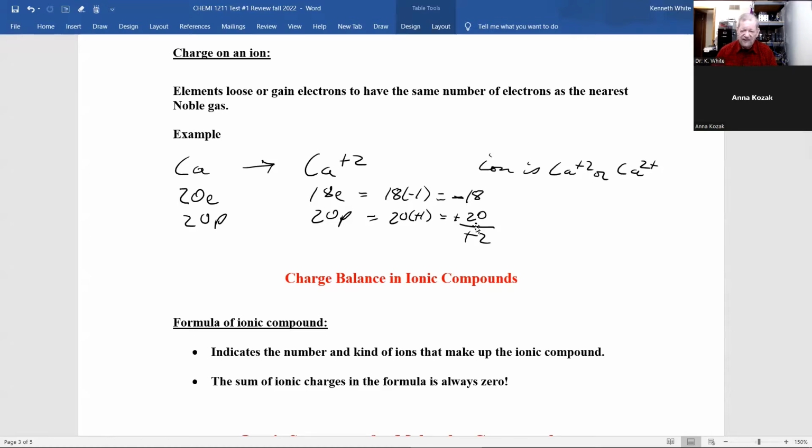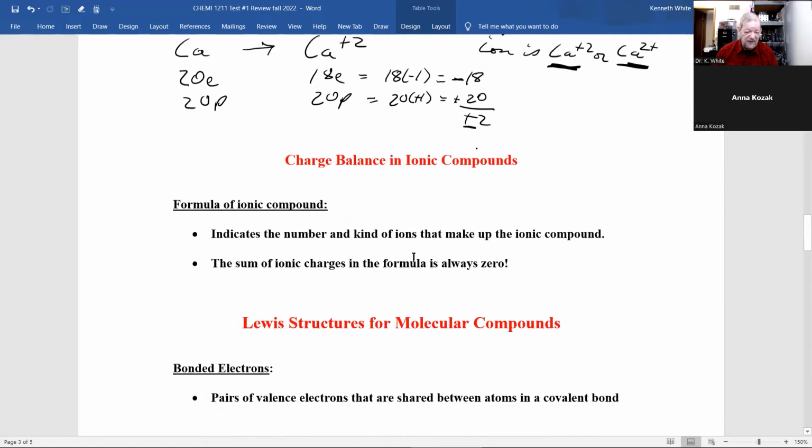And the answer is not this, it's this or this. When I ask what's the ion, an ion is shown by a chemical symbol and the charge on that ion. And you can also have -2, which we did.